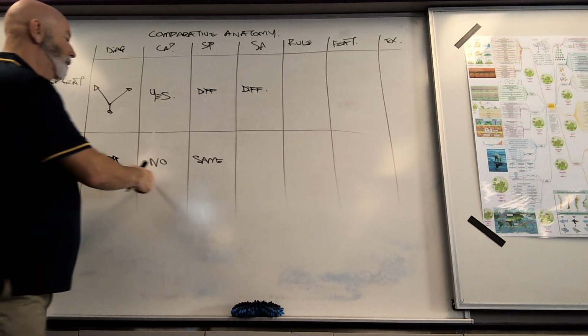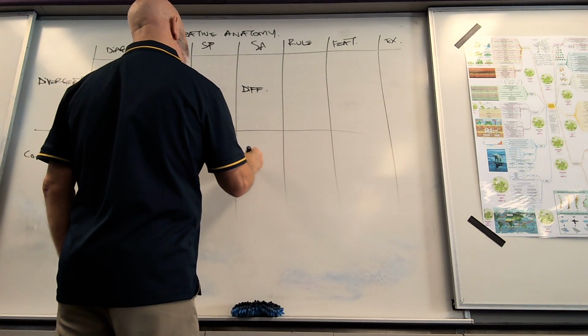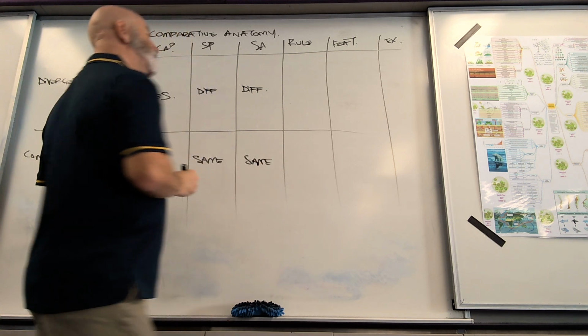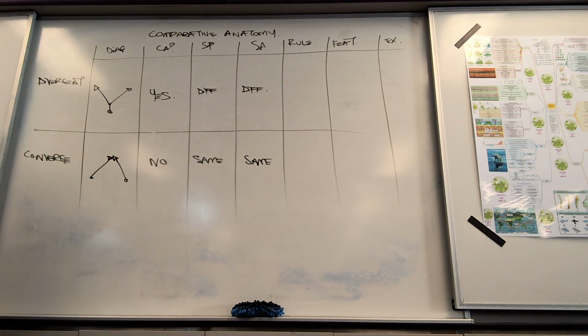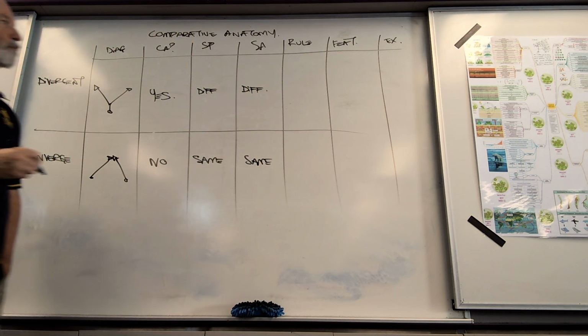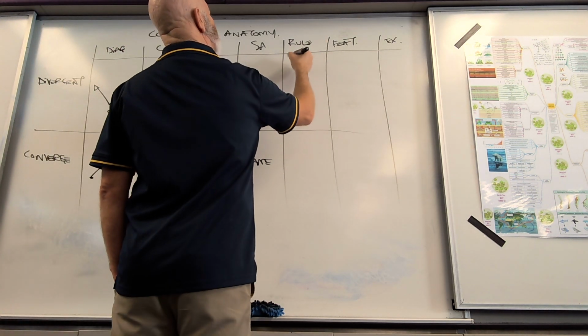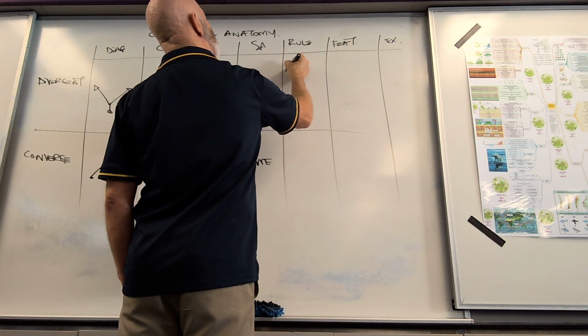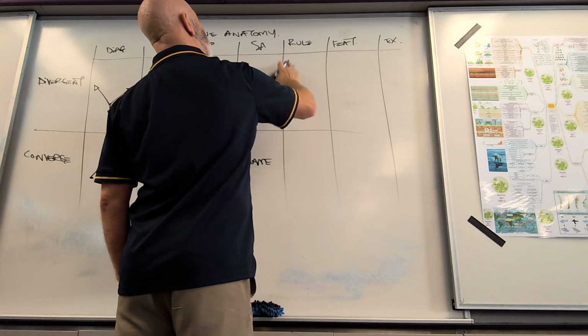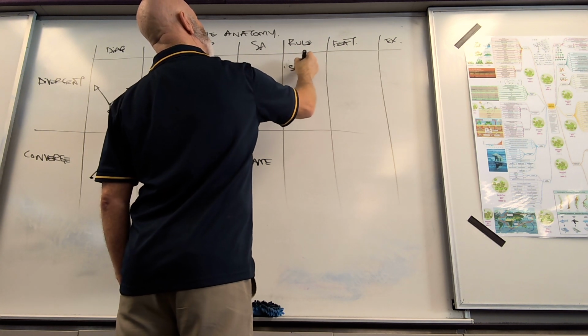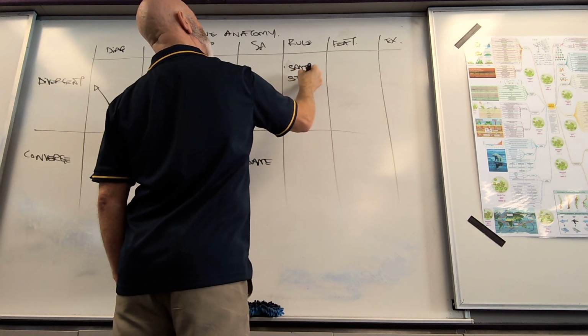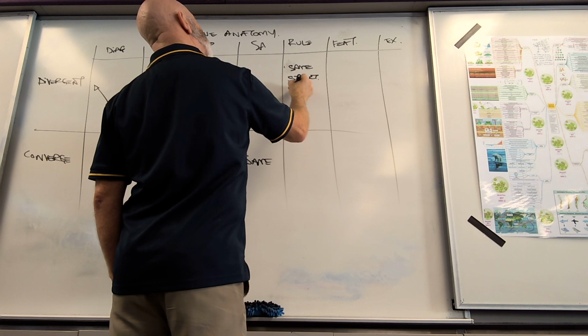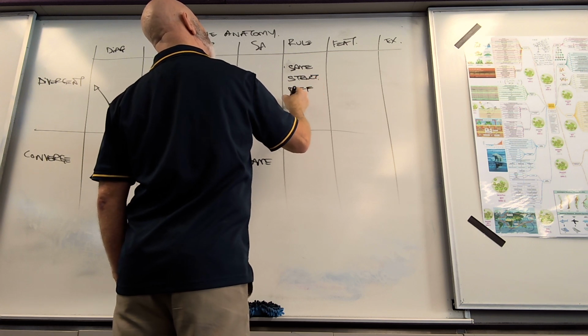Here you're going to have the same selective advantage. You want to become more similar. The rule here is same structure, different function.